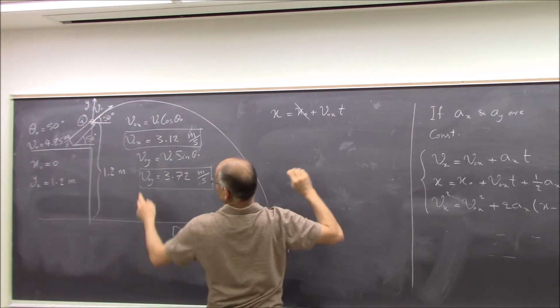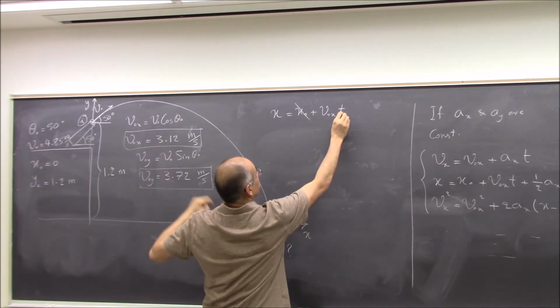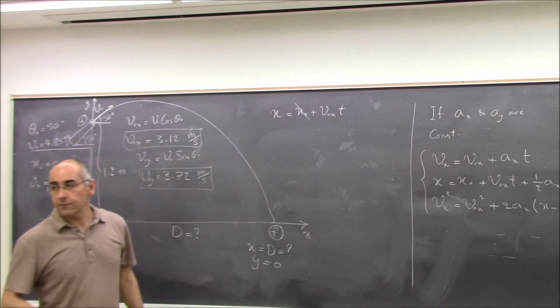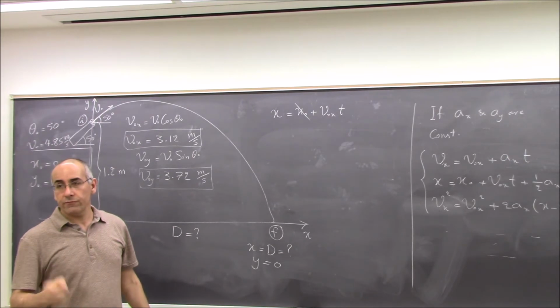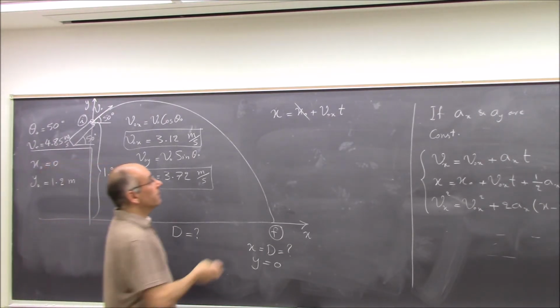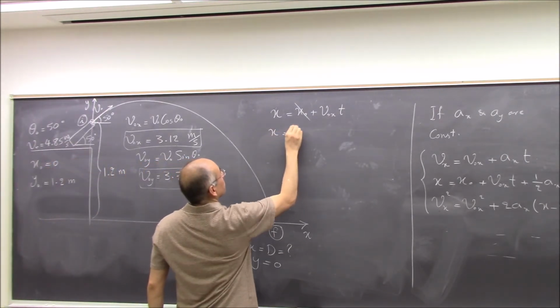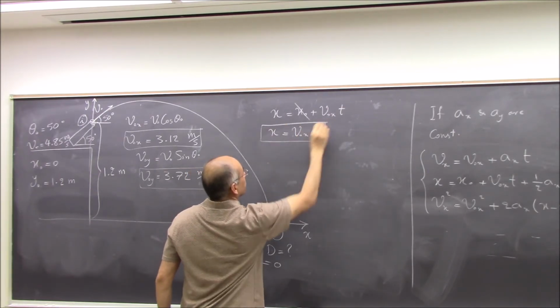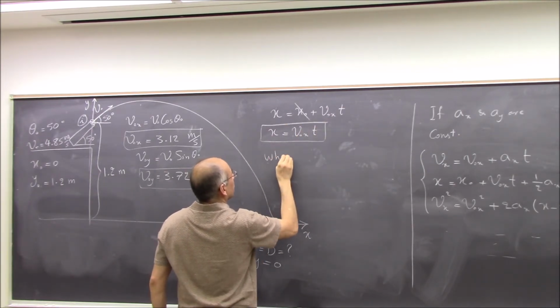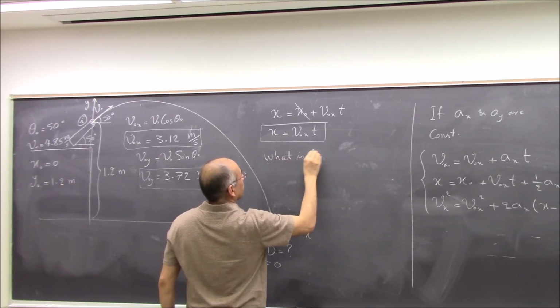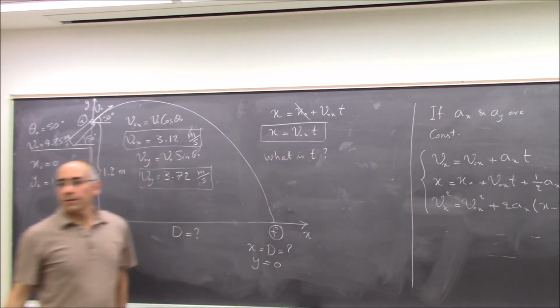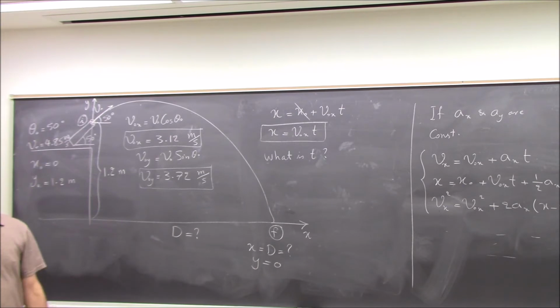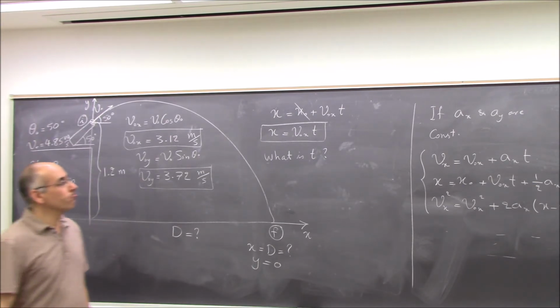V naught x is 3.12, but we need the time to find x. There's no other equation to help us, so x equals v naught x times t, and the problem reduces to finding t.